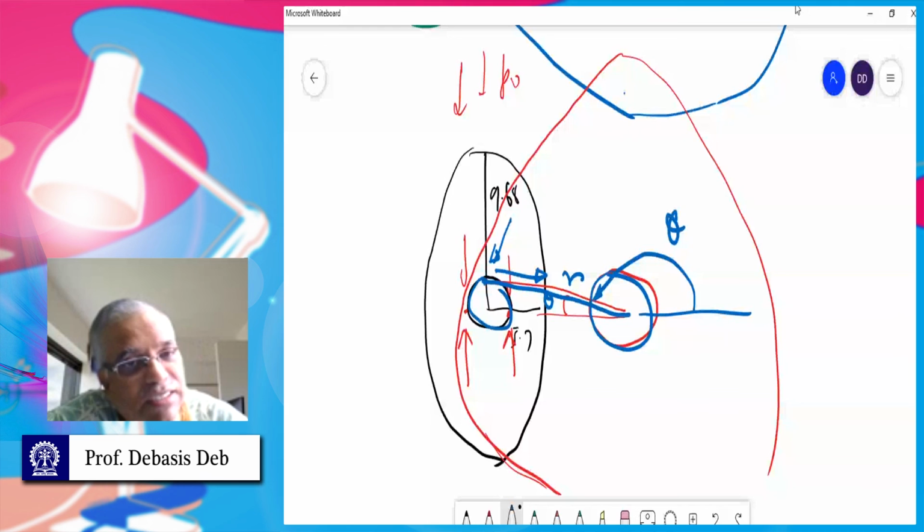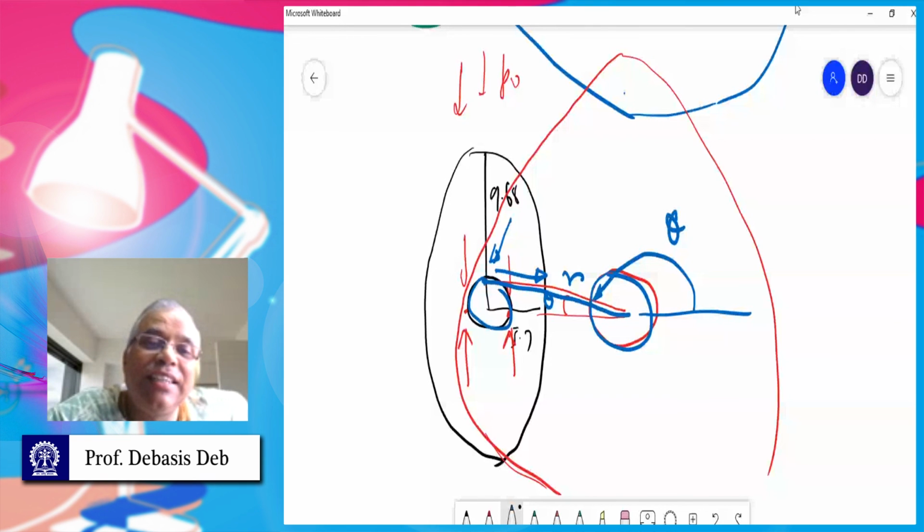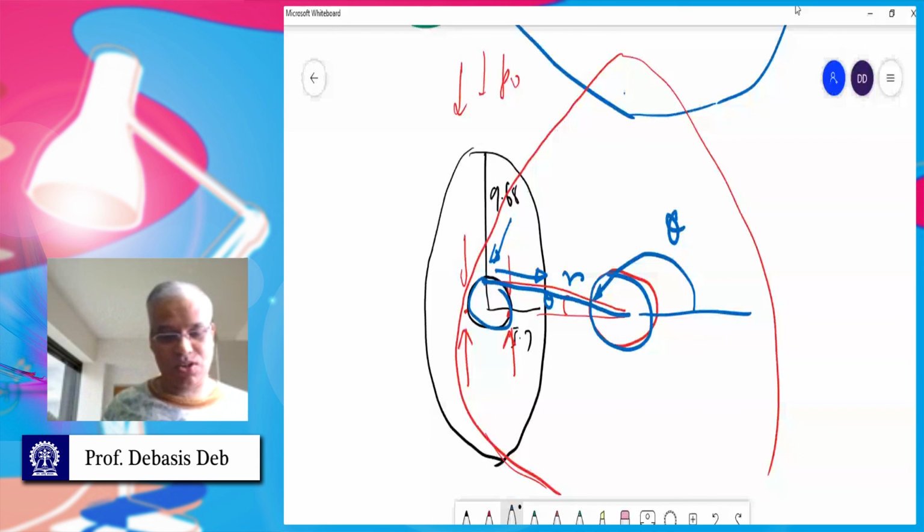We can calculate. These are the different applications of Kirsch solutions. So do not think the Kirsch solution is just 3 equations. It does many things for us. That is the main aim of telling you all these things. Okay, so we stop here.